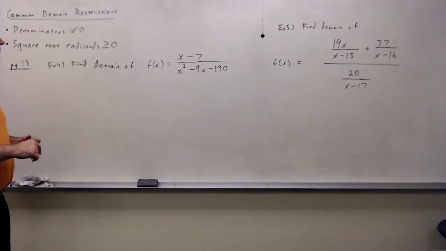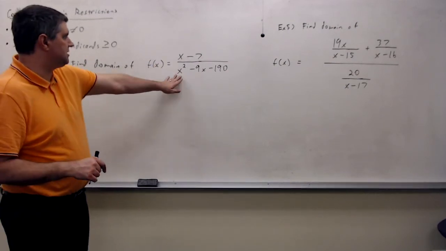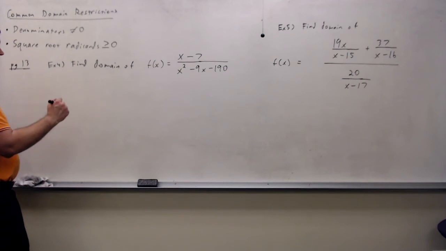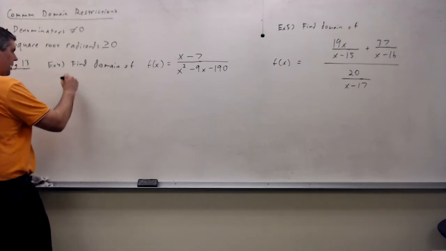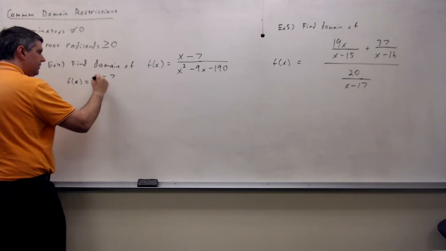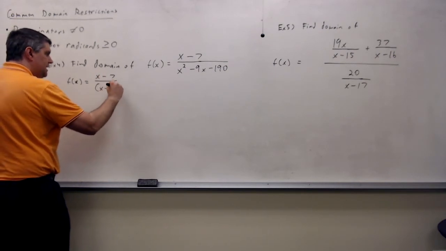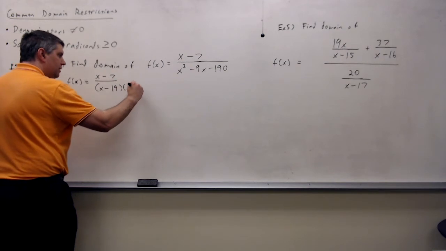All right. So now I'm going to find the domain of f of x equals x minus 7 over x squared minus 9x minus 190. So this is f of x equals x minus 7 over x minus 19 times x plus 10.